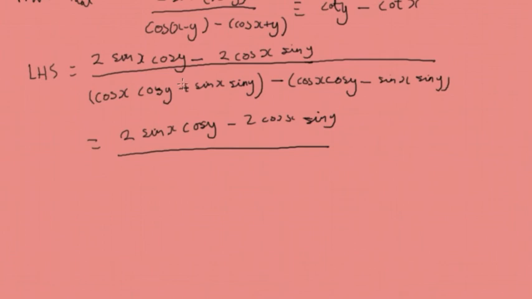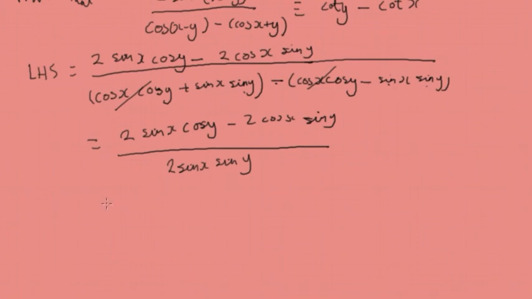And we can see that cos x cos y are going to cancel each other out. And there's sin x sin y, sin x sin y, minus and a minus make a positive. So we're going to end up with 2 sin x sin y.